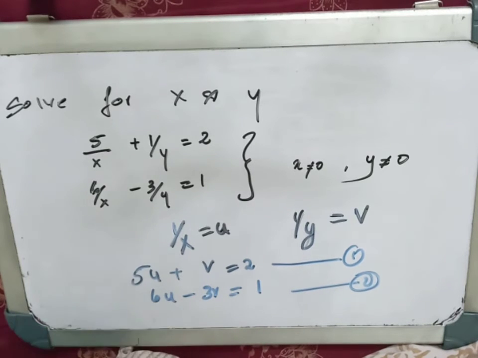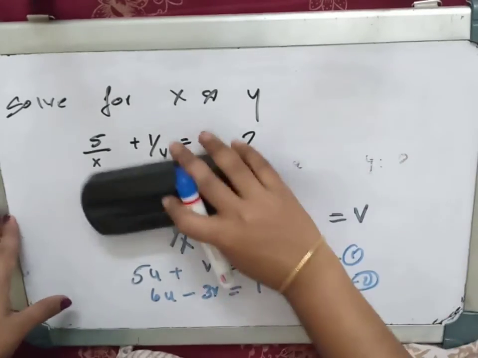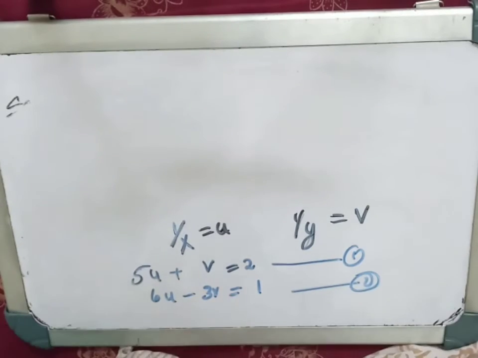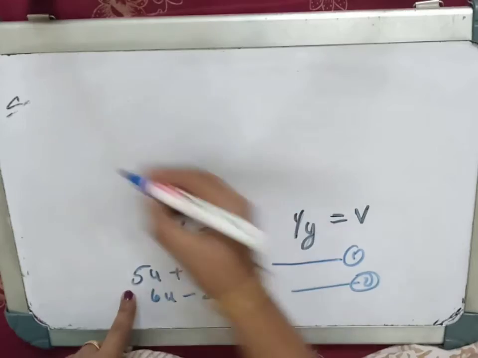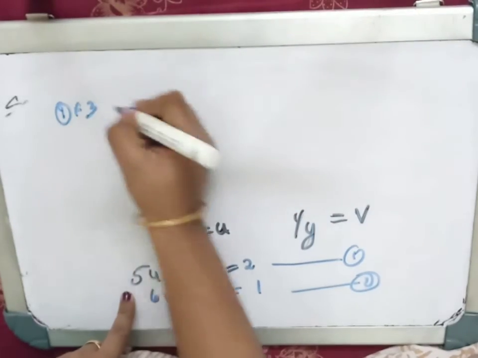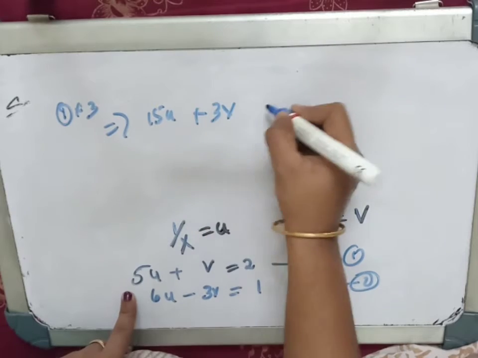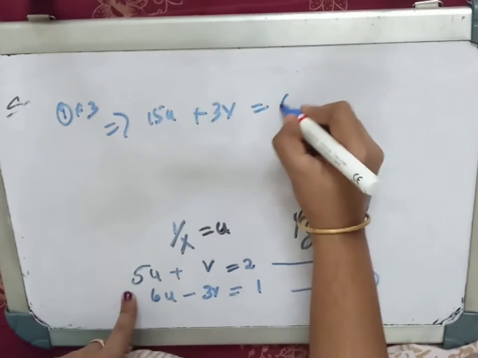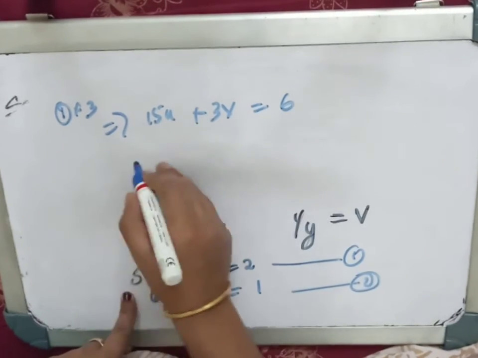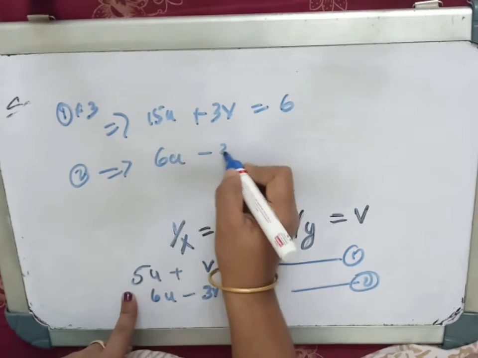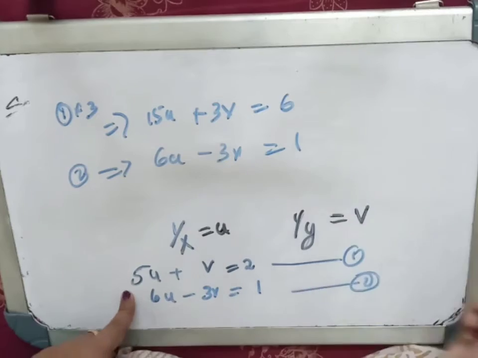Now it is not specified by which method we should solve this equation. So since it is not specified, we can use any method. Now I am using elimination method. So by multiplying the first equation by 3, we get 15u plus 3v equal to 6, and the second equation we'll rewrite as it is, 6u minus 3v is equal to 1.